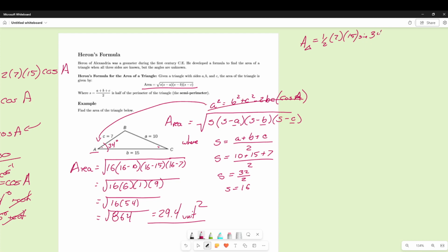Sine of the 34 degrees. So 1/2 of 105 times the sine of 34 degrees. So 52.5 sine 34 degrees.